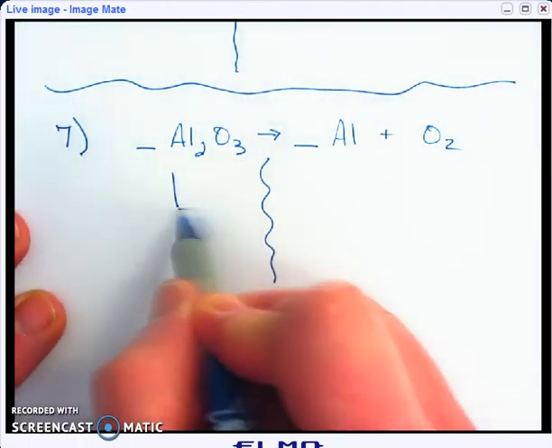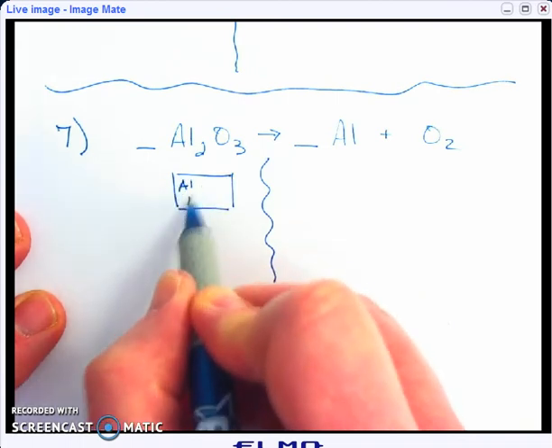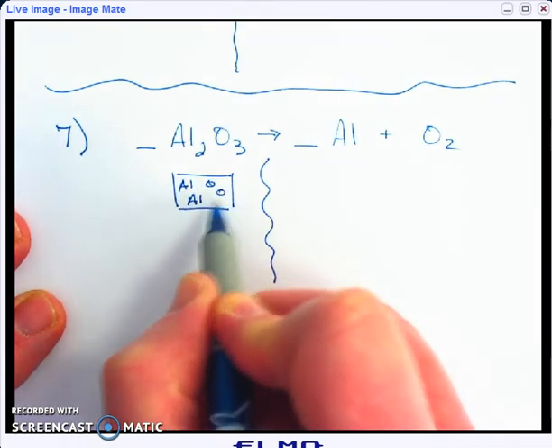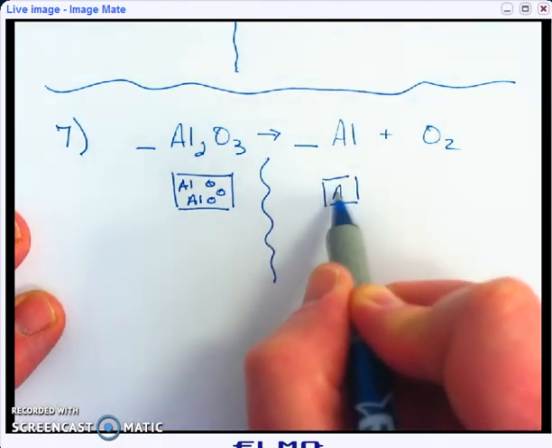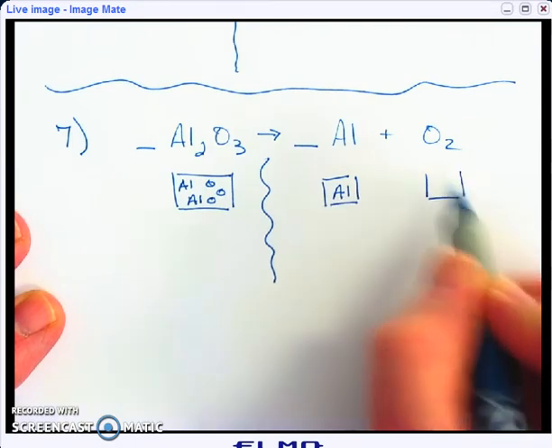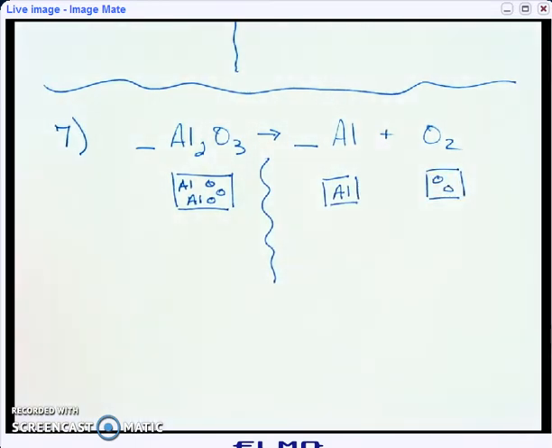I clone my box. I have to make my box a little bit bigger sometimes, depending upon my substance. Oxygen is one of those diatomic elements. It cannot exist by itself. It either has to be attached to some other substance, some other element, or it has to have its twin.